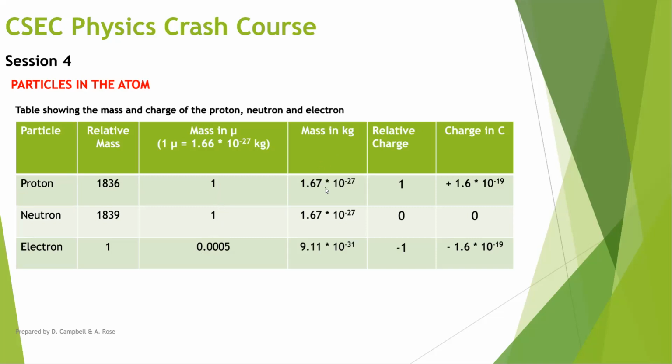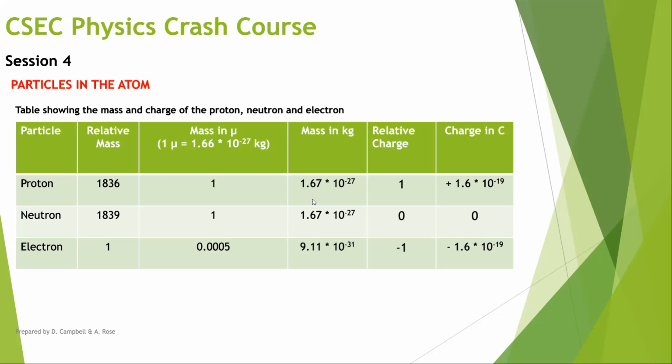Now in kilograms, if we use 3 significant figures, we'll see that the masses of the proton and neutron are not different. We'd have to be more precise to actually see the difference in mass in kilograms.